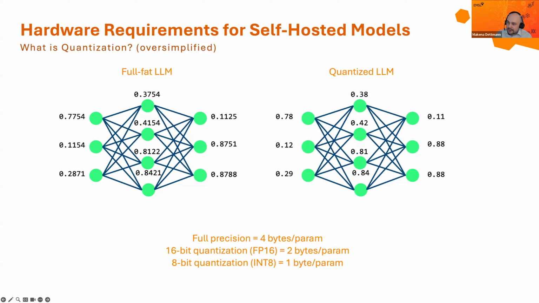Yeah, so the one important note is that this is a very oversimplified view. In reality, we're going from 4 bytes, which is, I think, each byte is 16 bits of precision, so that's 64 bits down to 32. So it's not really like 4 decimals to 2.